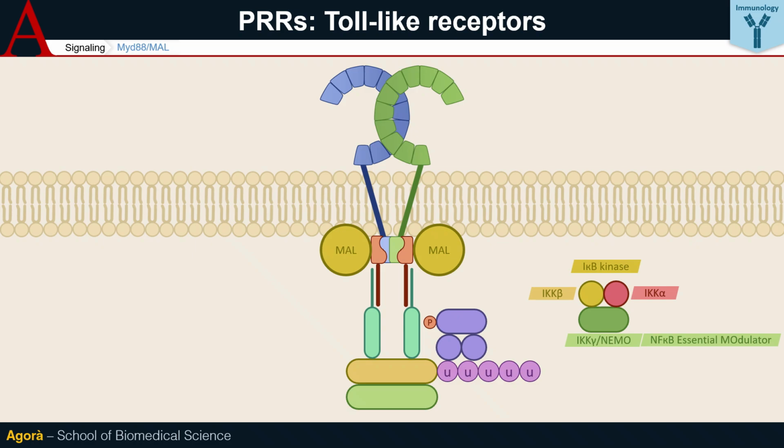Specifically, IKK gamma, commonly known as NEMO, NF-κB essential modulator, binds to the polyubiquitin scaffold, facilitating the interaction between TAK1 and IKK beta, leading to its phosphorylation.